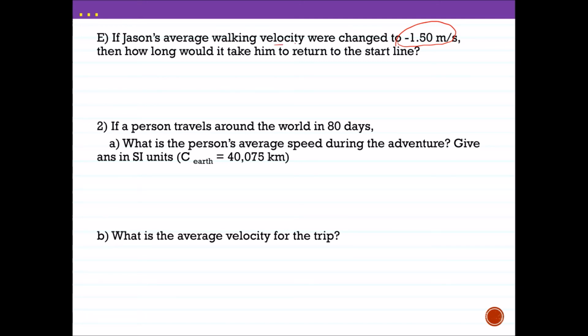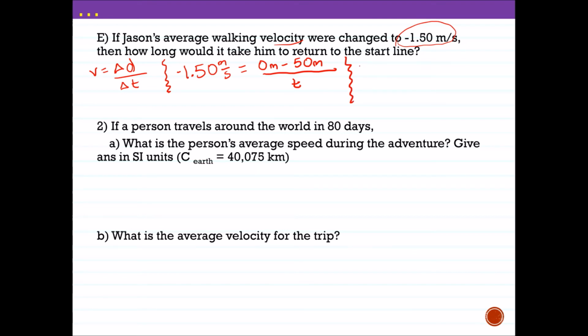So his average velocity was changed. Velocity is a change in position over a change in time. His velocity is now negative 1.50 meters per second, which equals his change in position. His final position is 0 meters. His initial position was at 50 meters for the walk. Divided by the amount of time, we want to know how long it would take him now.